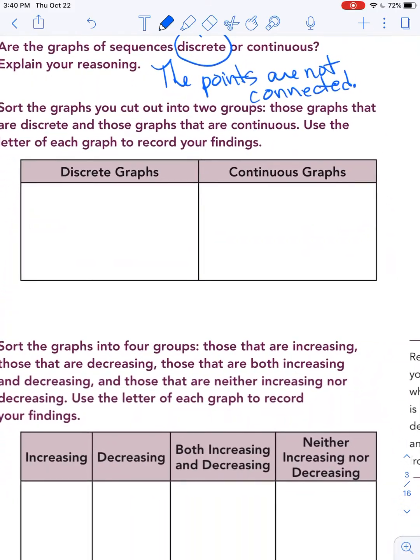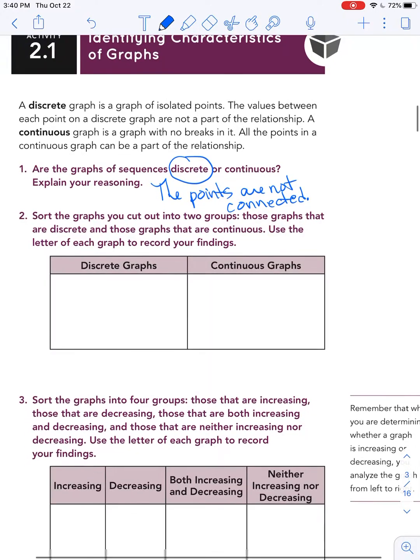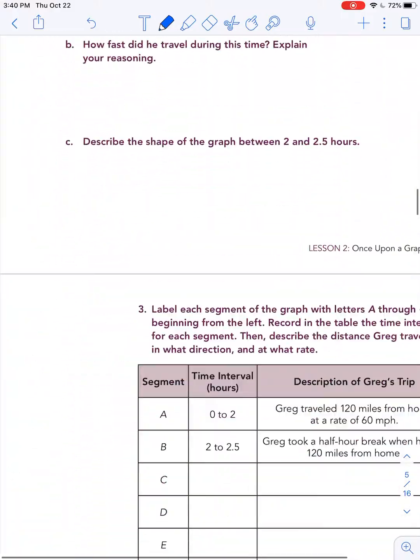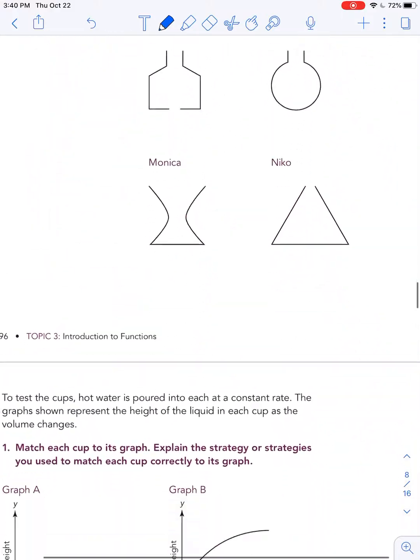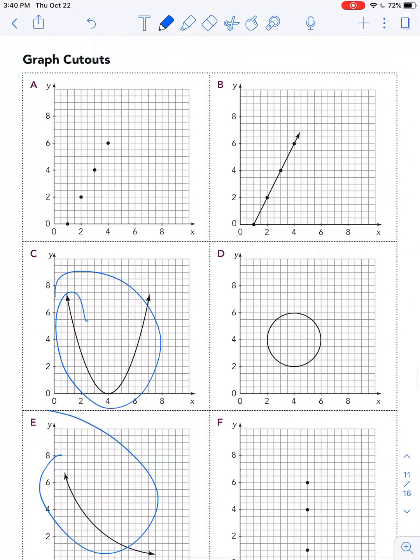Okay, so what you're supposed to do right now is go down to those graphs that we were just looking at, and decide if they're discrete or continuous. So I'm going to come down here because that's just how the mop flops. That's how the cookie crumbles. I want you to look over them. Are they discrete? Are they not discrete? Well, this one's discrete.